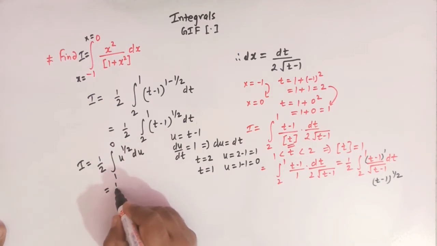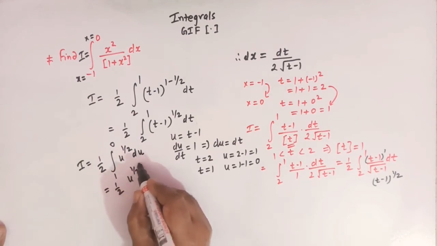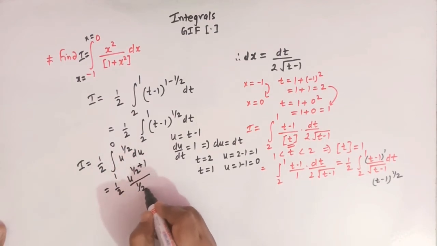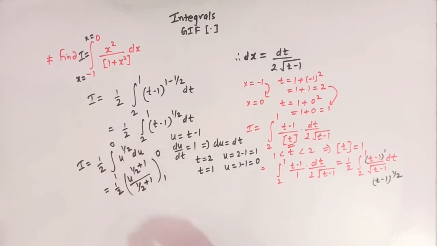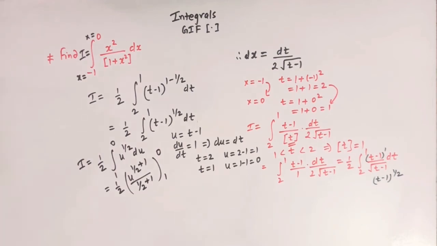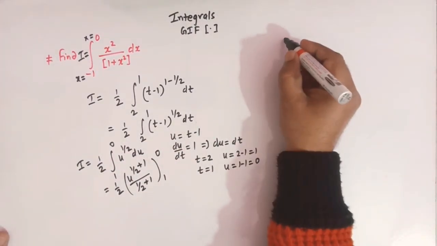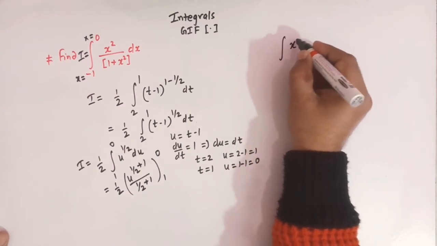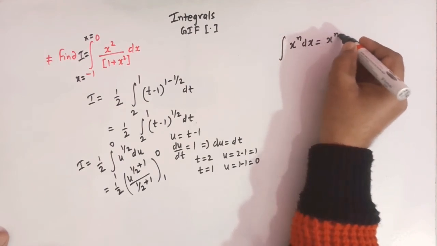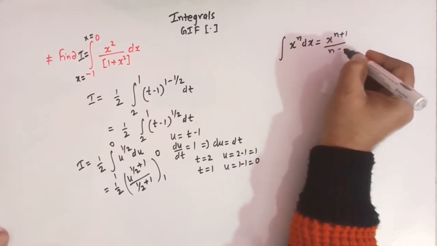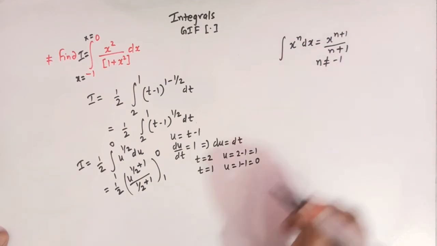Now the integral of u raised to half is u raised to half plus 1 over half plus 1, with limits from 1 to 0. Here we have used the result that the integral of x raised to n dx is x raised to n plus 1 over n plus 1, provided n is not equal to minus 1.